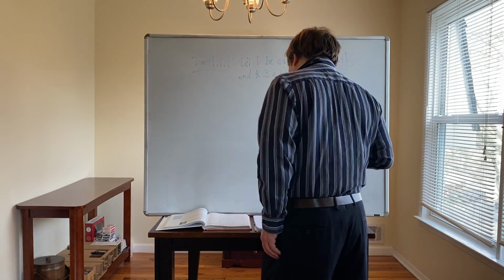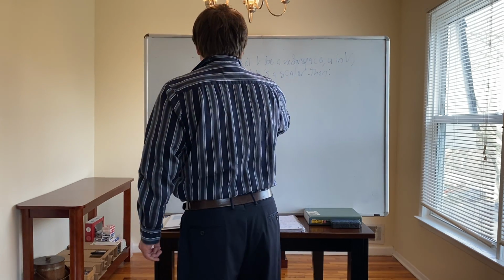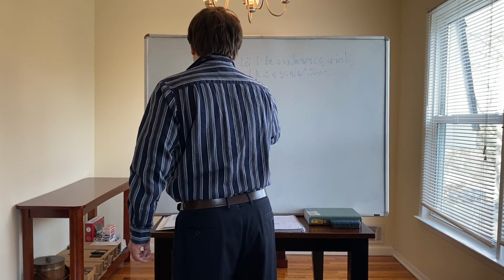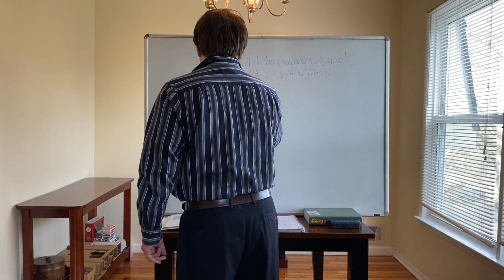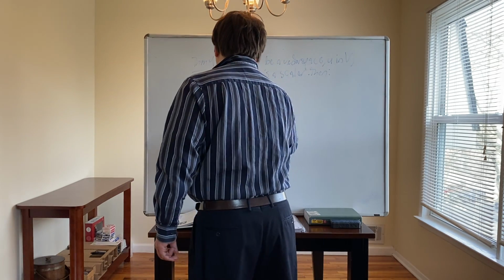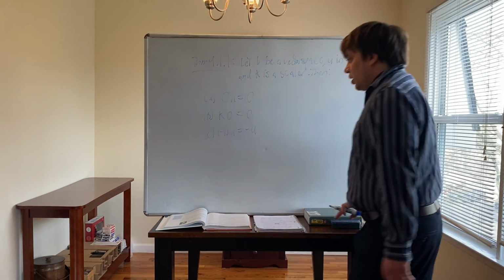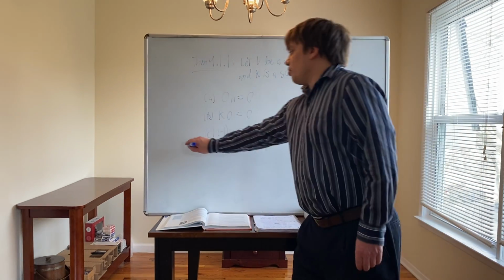Then, for A, 0u is equal to 0. B, k times 0 is equal to 0. C, negative 1u is equal to negative u. Okay? So we have these three equations in theorem 4.1.1.